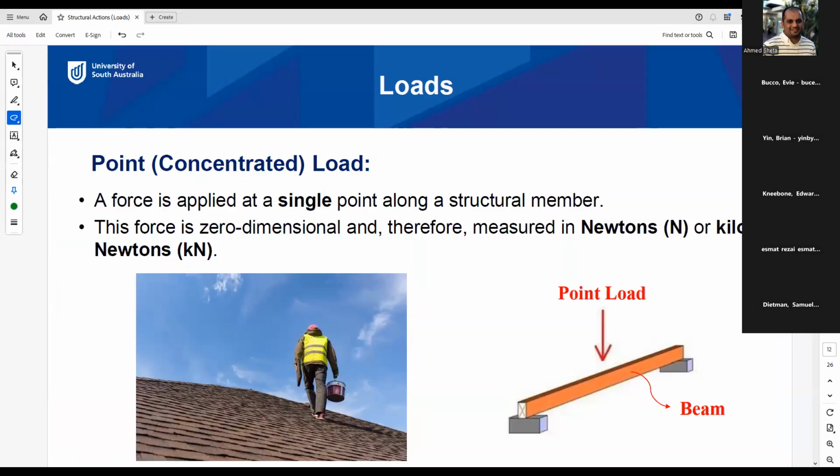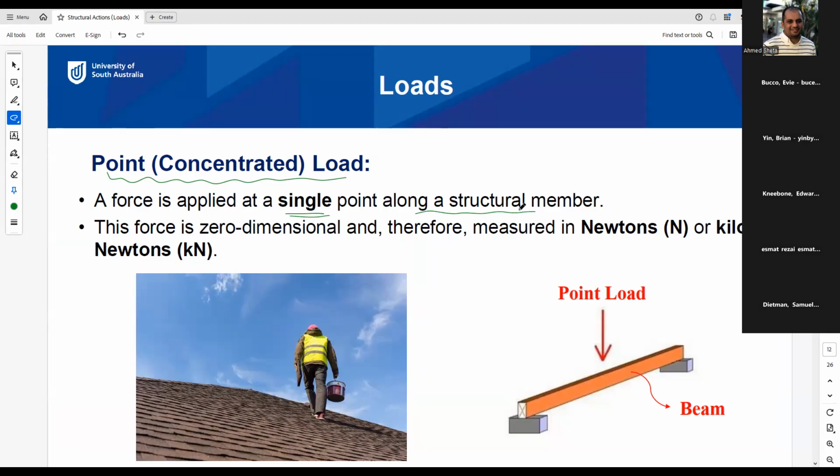Now we can go into details. A point load, or concentrated load, is a force that is applied at a single point along the structure member.